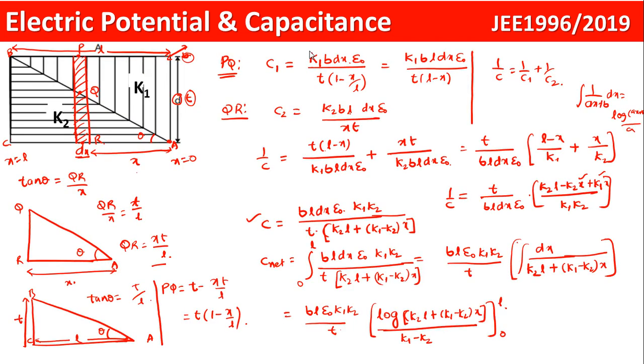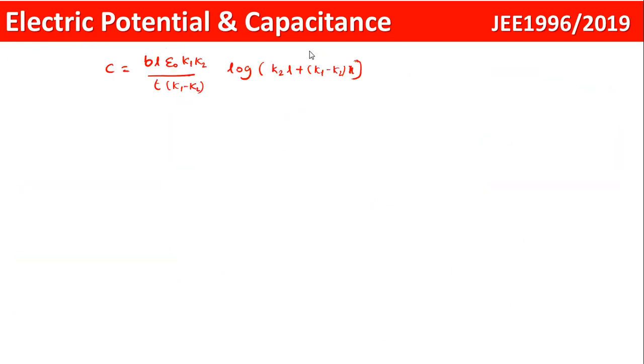That's what you have here. So if you substitute 0 to L, let me substitute directly here. The upper limit, if I substitute, I'll get L here, minus log of K2L; with K1 minus K2 in the place of x, you get 0 there, so you'll not get anything.